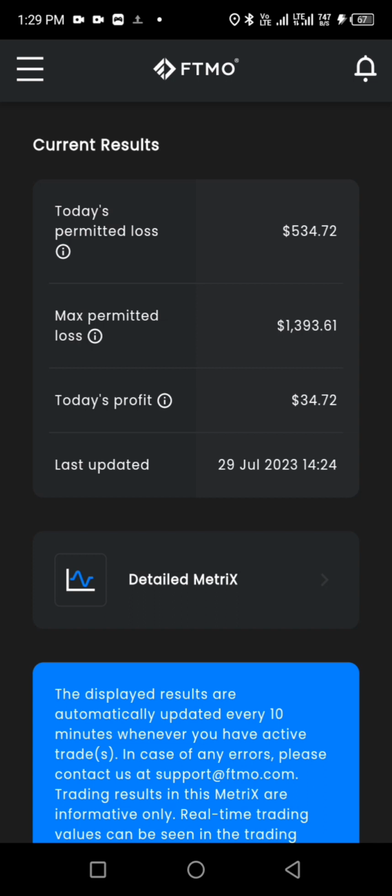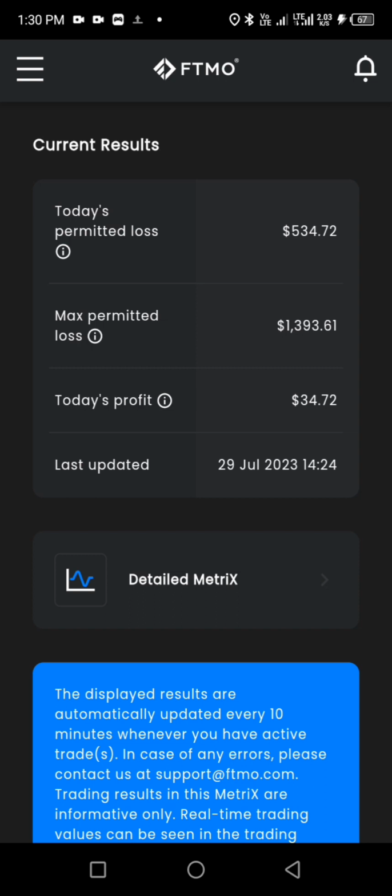And then I also have a maximum permitted loss of $1,393.61, because, like I said, I made profit to add to it, and so they are also putting that into consideration.